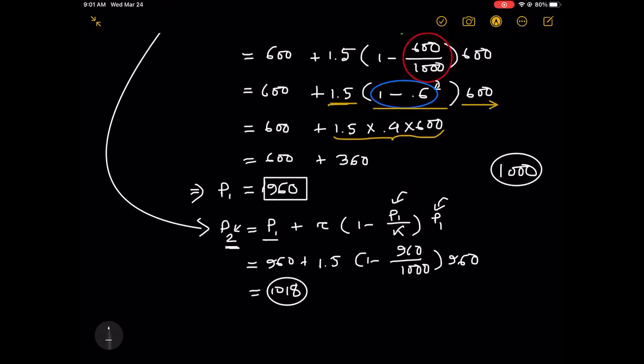What could be the next case? That means if we try to find the population P3, what could it be? Should it increase more because we have a growth rate of about 1.5?